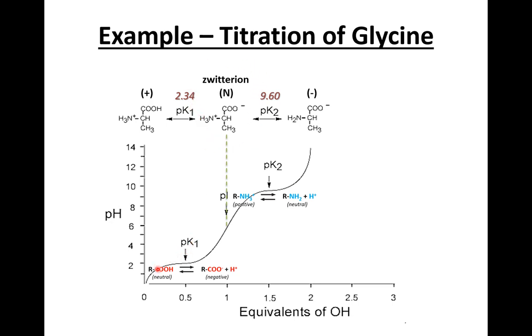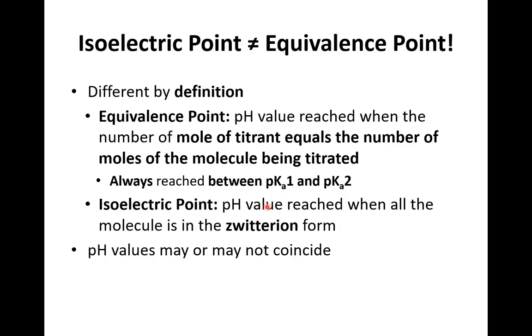This is also to show you how, depending on the pH of the solution, you may have your amino acid mostly or completely in the positive form, or in the neutral form, or the negative form. So, the relationship between the pH and the charge of the amino acid. These apply to any amino acid, the difference being that if they have a third pK value, then you would have a third buffering range in between.